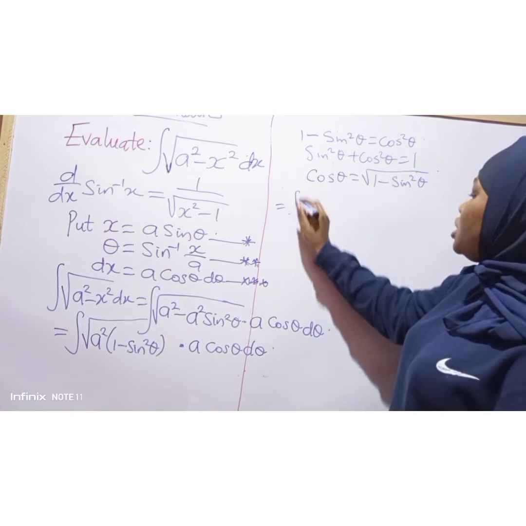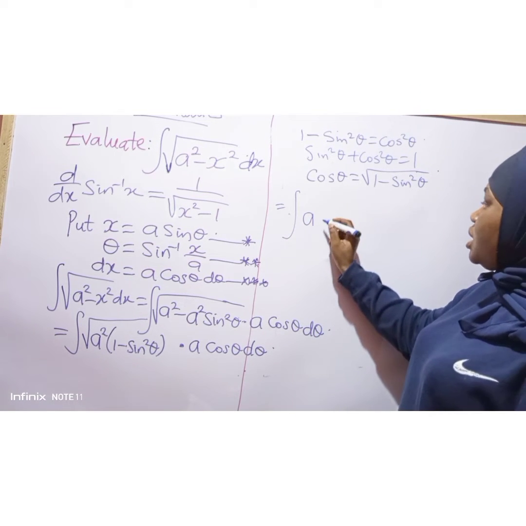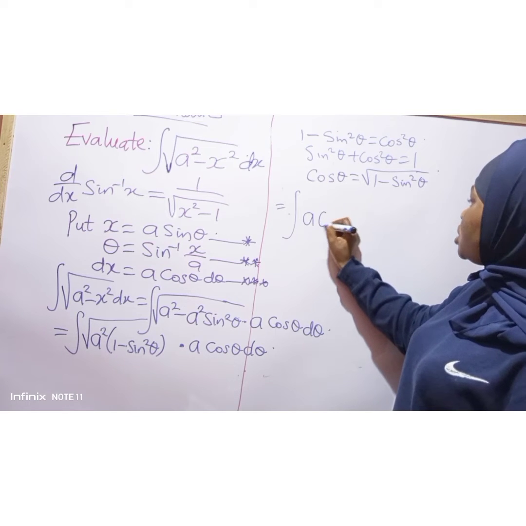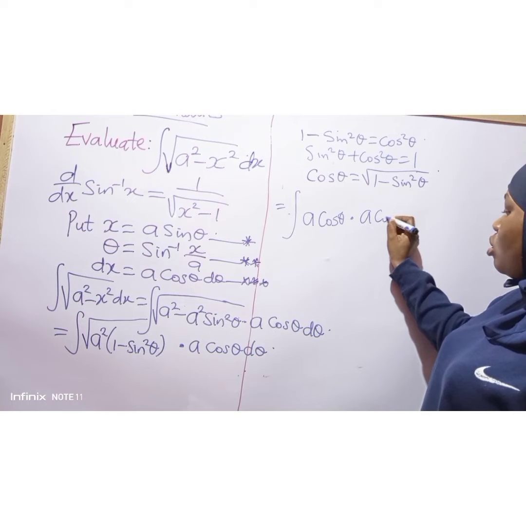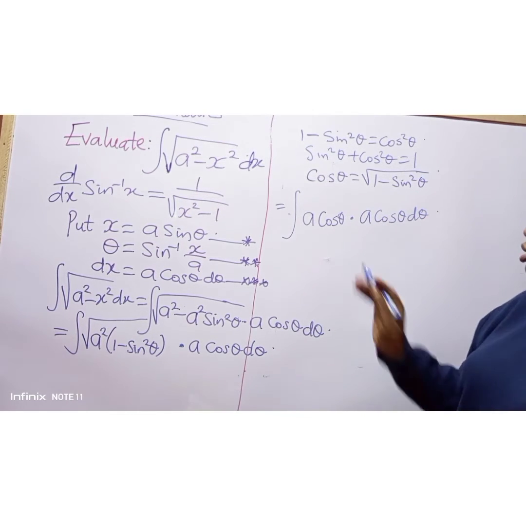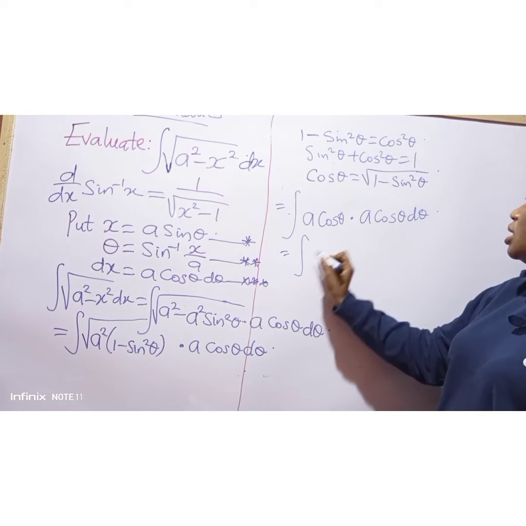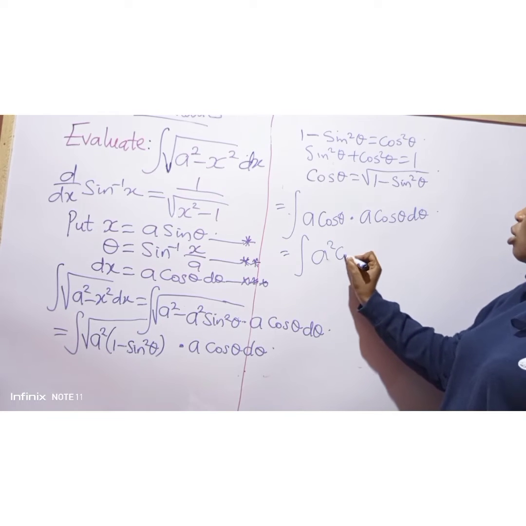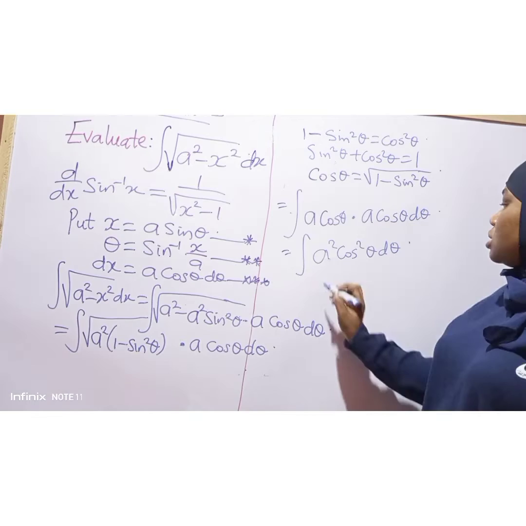So I have the integral of a cos theta multiplied by a cos theta d theta. If I multiply everything, I have a squared cos squared theta d theta.